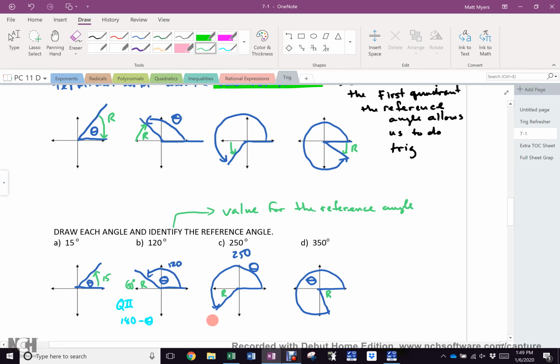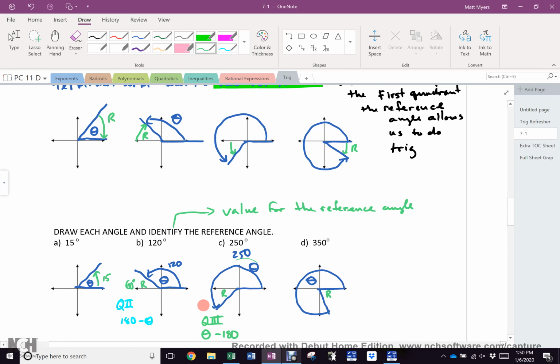So in quadrant 3, it's theta minus 180. Right? Everybody cool? Because theta was 250, and then I got to go back to 180. I went 70 degrees past.